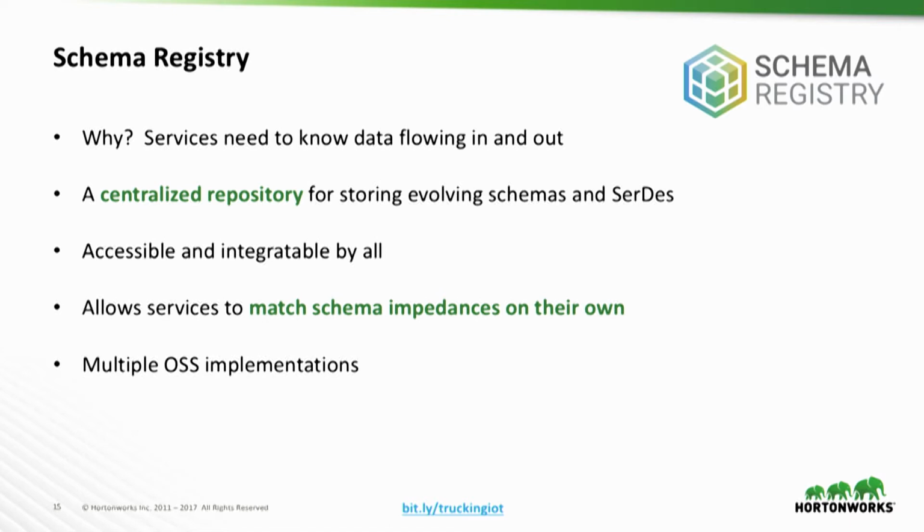And when you develop a big data pipeline and there's a lot of different types of data flowing into your system, it may be very wise to use what is called the Schema Registry. So Schema Registry is a centralized repository for storing your schemas and your serializers and deserializers.